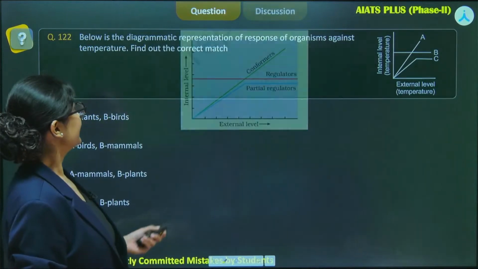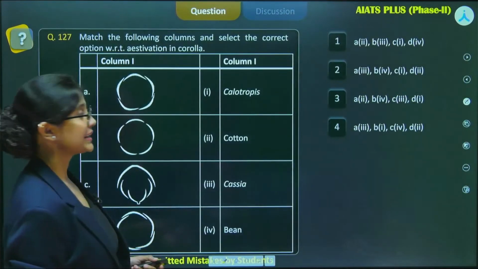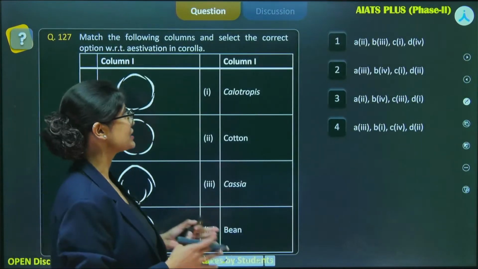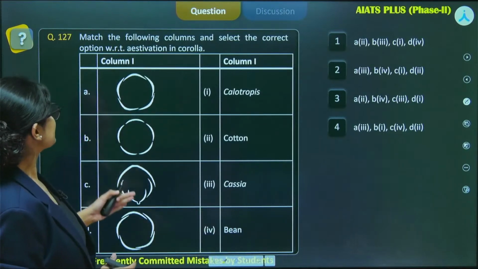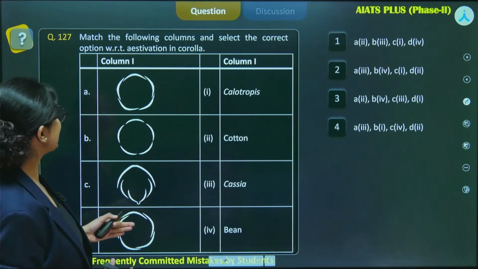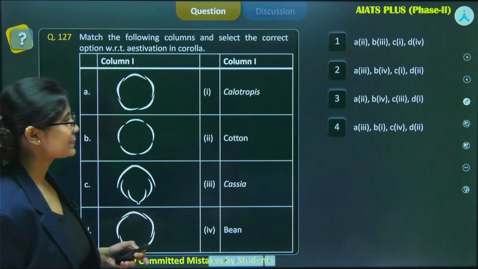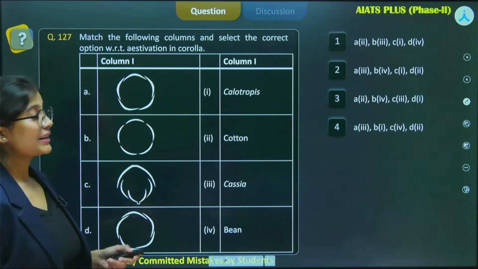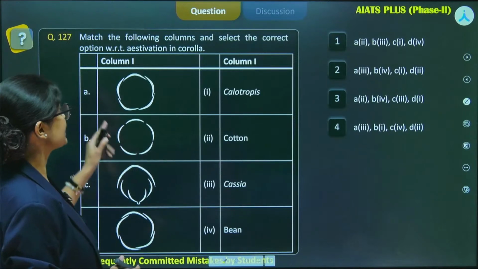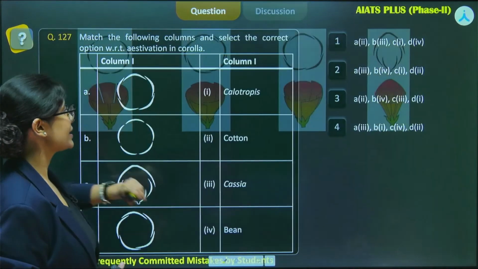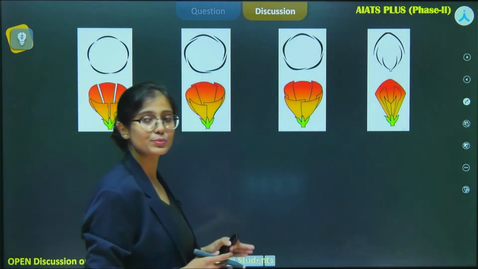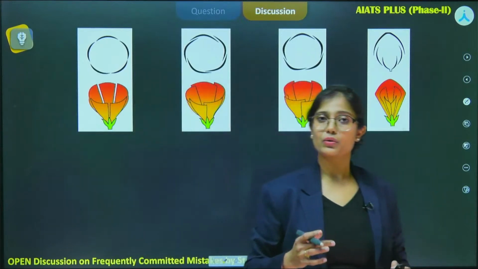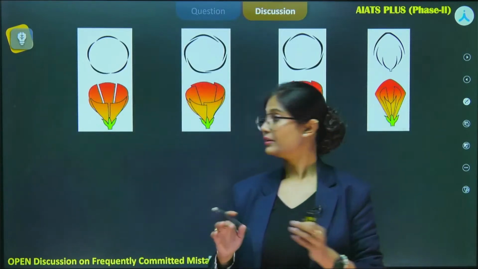Okay. Now, let's move ahead to the next question, that is 1 to 7, which says match the following columns and select the correct option with respect to aestivation in corolla. So it is asking about the aestivation in corolla. What is aestivation? This is the arrangement of calyx or corolla in the flower whorl.